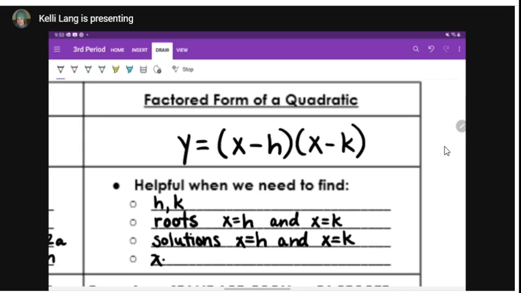And x-intercepts are written in a slightly different form. X-intercepts are usually written in the form of a point, which would be (h, 0) and (k, 0). Remember, because our x values are h or k, and our y value is always 0 at the x-intercept. So that's where those points come from.